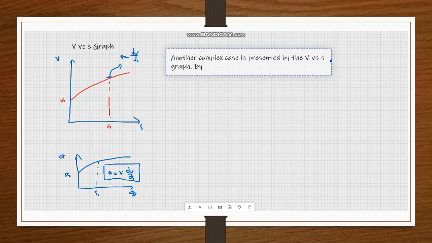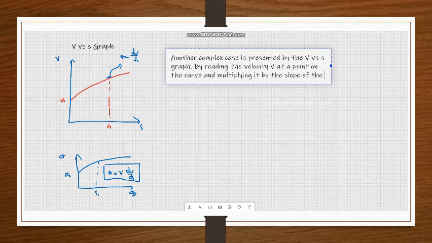By reading the velocity v at a point on the curve and multiplying it by the slope of the curve, which is dv/ds, at the same position or same point, we can obtain the acceleration at that point.